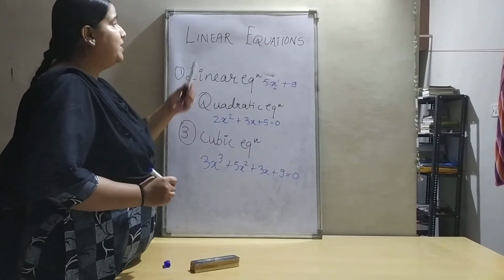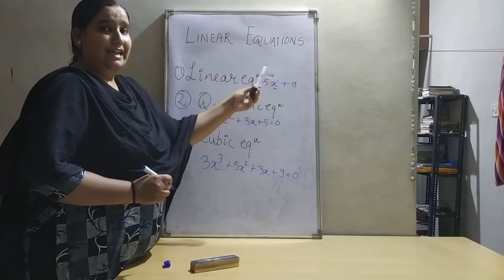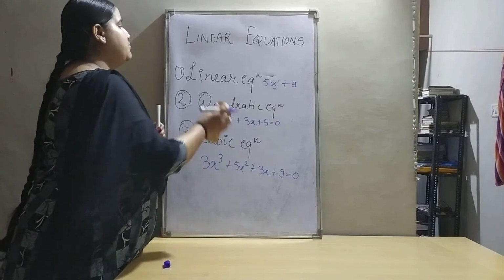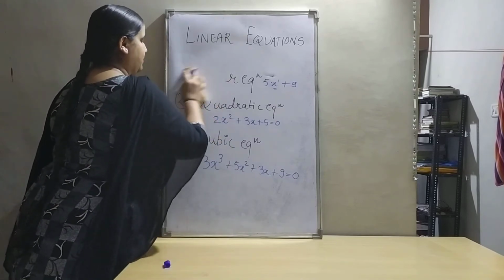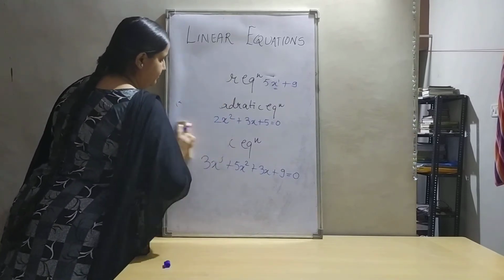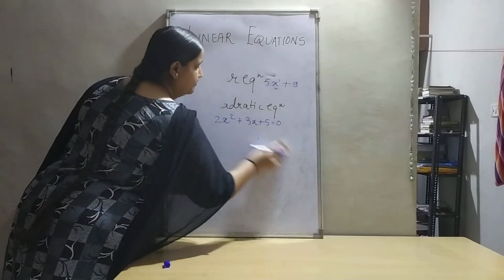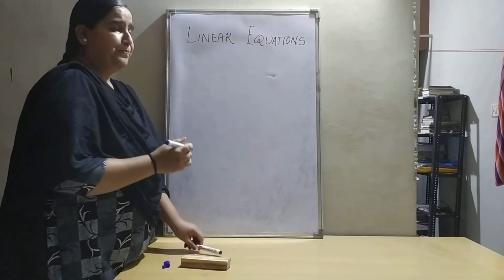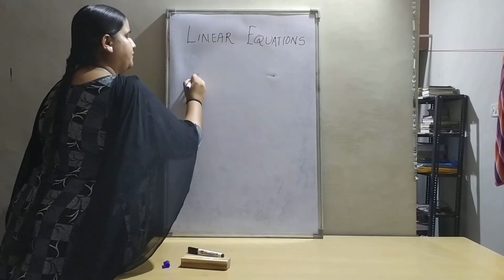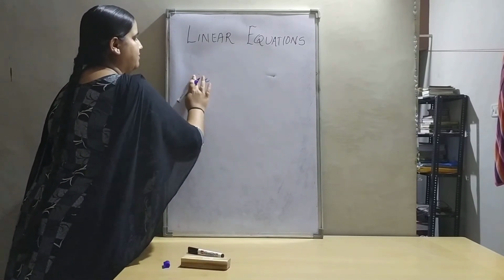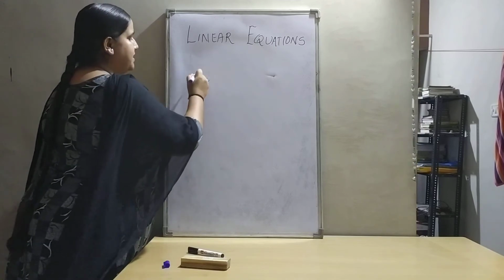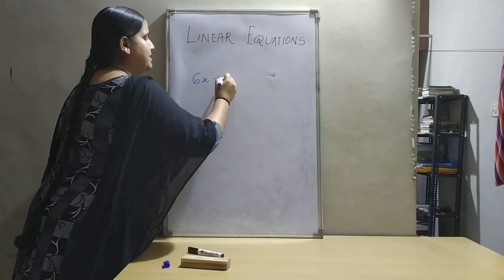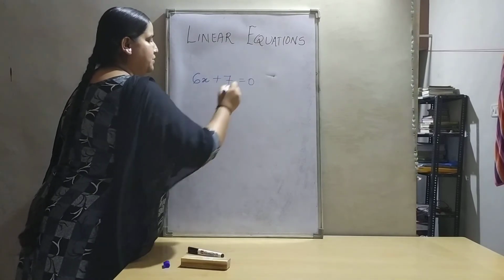We are dealing with only linear equations here. There are two types of linear equation. Very quickly, we are going to see what the types of linear equation are. Friends, if I write 6x plus 7 is equal to 0, right?